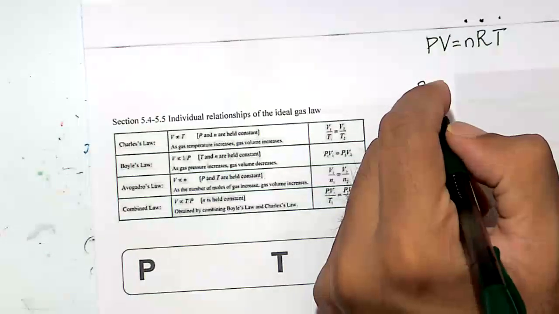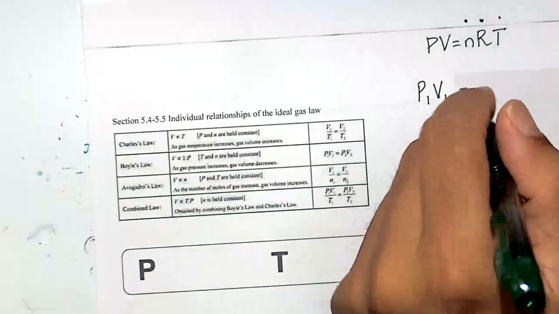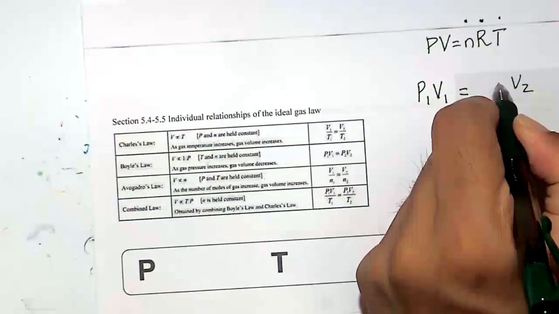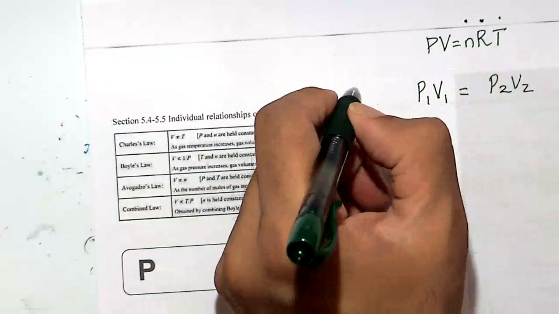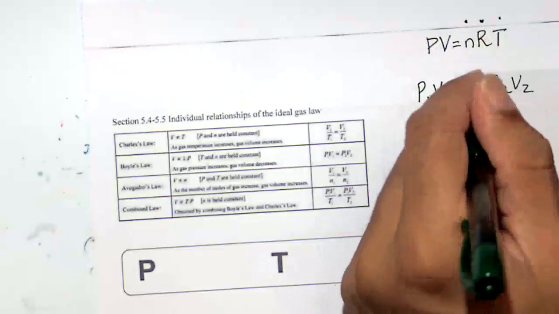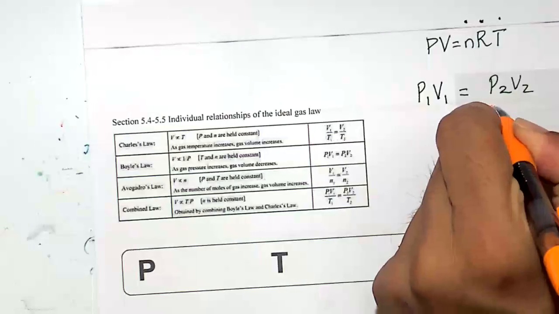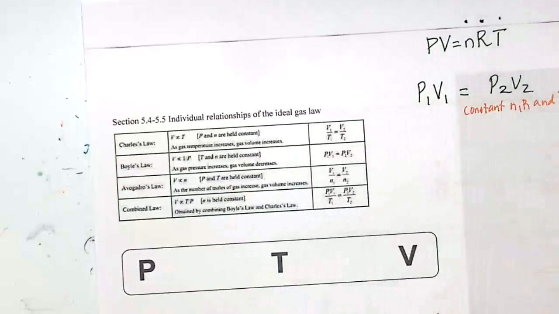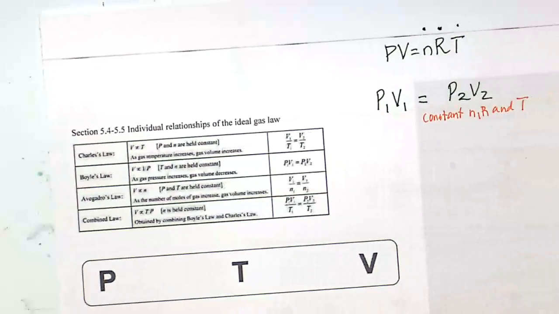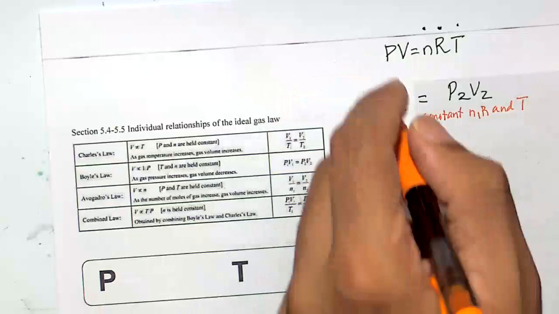If I have a pressure P1 at some volume V1, and I change the volume to V2, I'll get a new pressure P2. This is called Boyle's law, with constant n, R, and T. This is the only individual gas law that is inversely proportional.